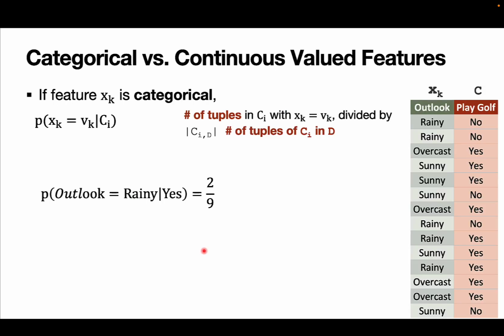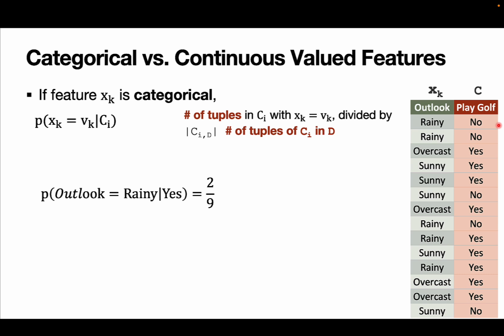Features in a Naïve Bayes classifier can be categorical or continuous. For categorical features, we estimate probabilities using frequency counts. In this example, I want to compute the probability of feature outlook equals rainy given the class label yes.